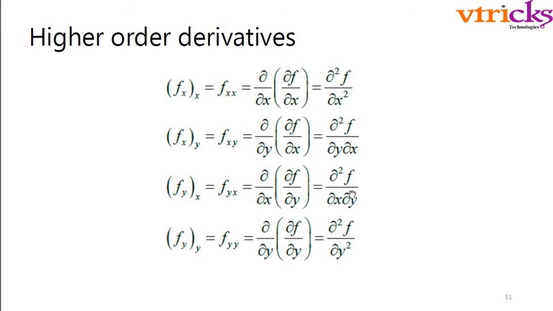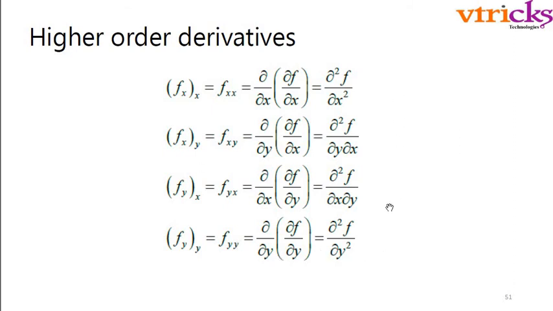When you work out problems, you can observe that the derivative of ∂f/∂x with respect to y need not be equal to the derivative of ∂f/∂y with respect to x. And then we have the second order derivative f_yy, which is ∂²f/∂y².